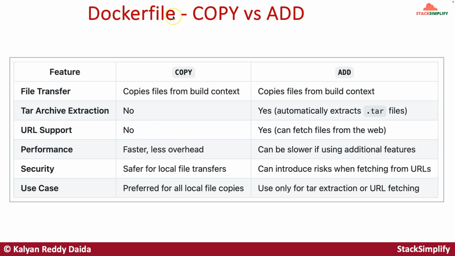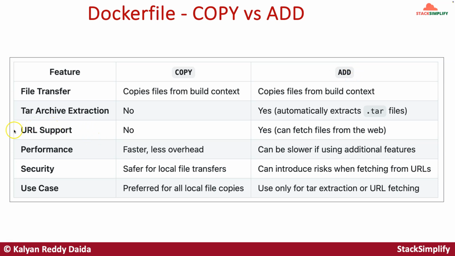Now let's come back and compare COPY versus ADD. From a file transfer perspective, COPY copies files from the build context, and ADD does the same. From a tar archive extraction perspective, the COPY command doesn't have that flexibility, but ADD automatically extracts .tar files. That's the advantage of using ADD.